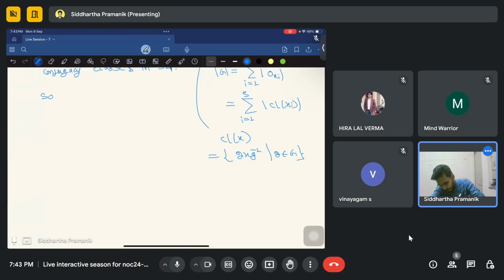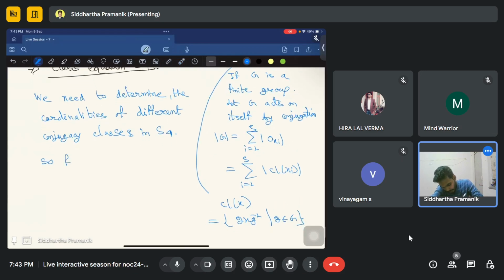So first we need to determine all possible cycle structures in S4.